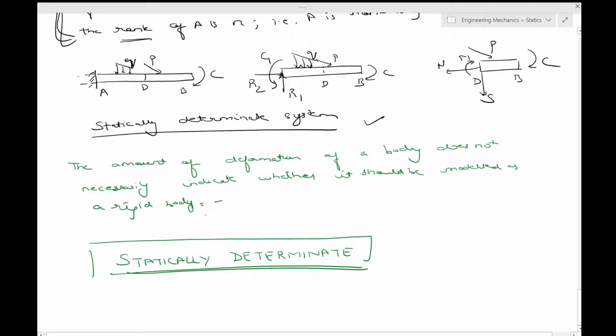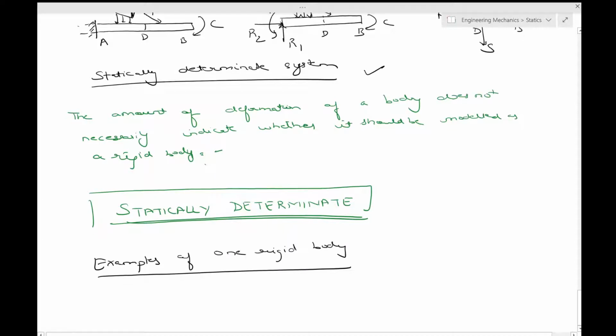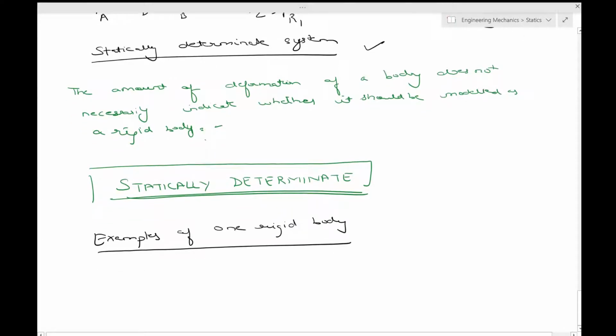There cannot be an exception for that. So there are several examples of one rigid body, which perhaps you should look up from your textbook. Several of them are given, and it will take more time for us to understand those examples, and it will be simple enough, but it should be done nevertheless.